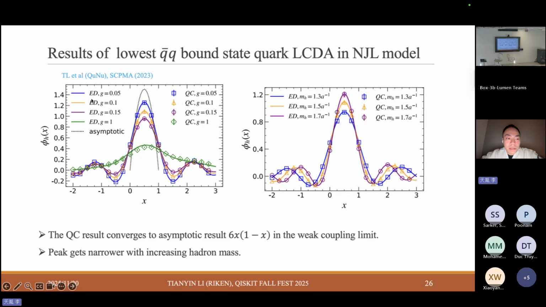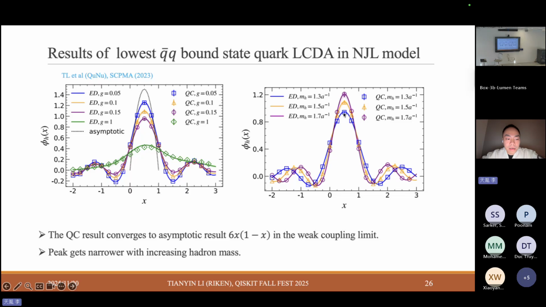The solid line is the exact diagonalization result, and we can see that those two results have good agreement with each other. We also see that our result converges to the asymptotic result 6x(1−x) in the weak coupling limit.